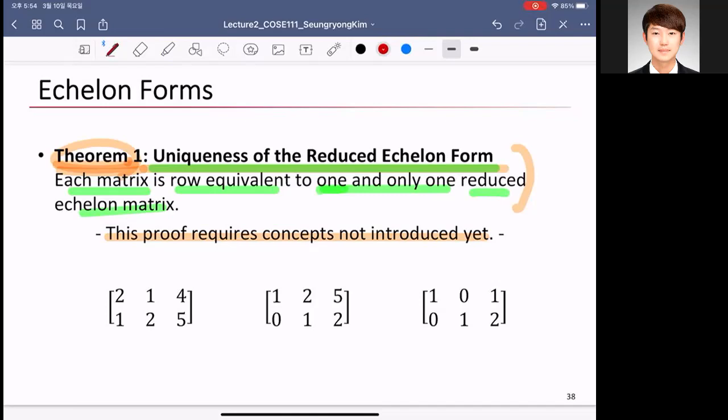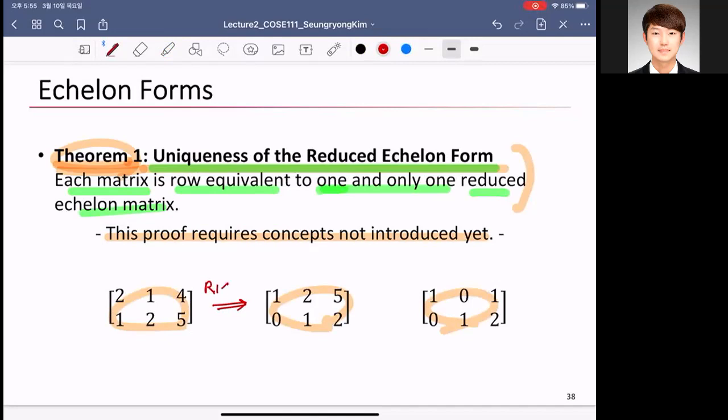but I just want to show some examples of why reduced echelon form is unique. Here's the one matrix, another matrix, and another matrix. If we apply scaling operation here, R1, 아니죠.